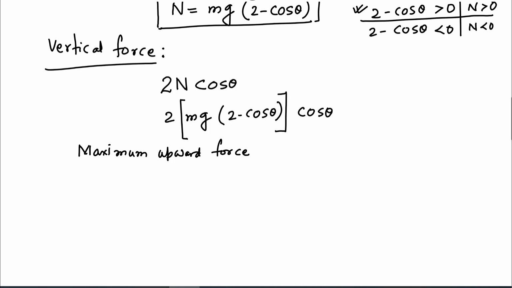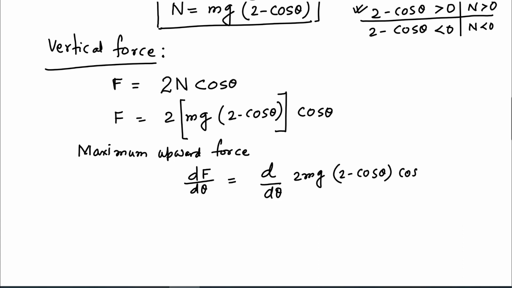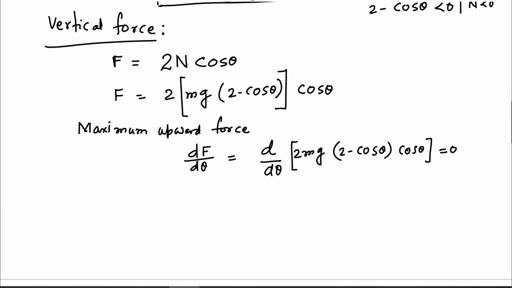Let's call this F, the force in the upward direction. This is a function of theta, so if we differentiate with respect to theta, that will give me the maximum force. So I have to differentiate this function, 2mg times (2 minus 3 cos theta) times cos theta, and equate it to 0.